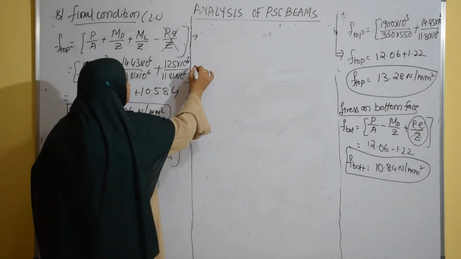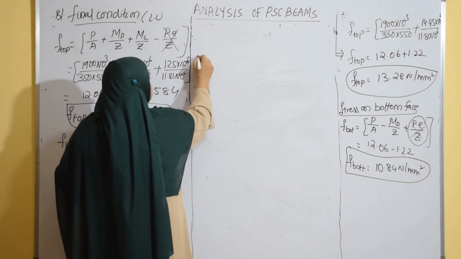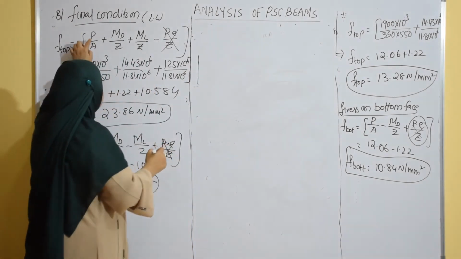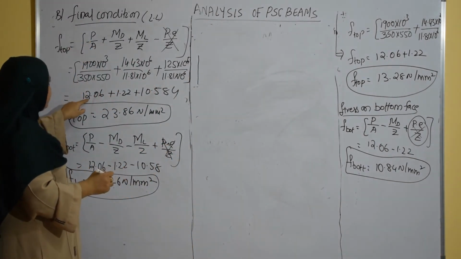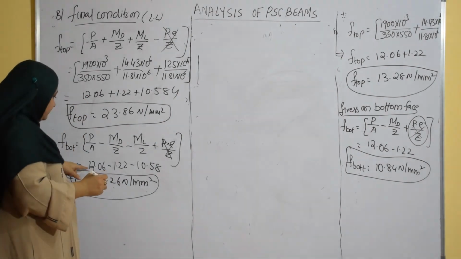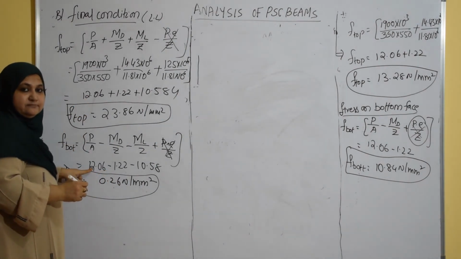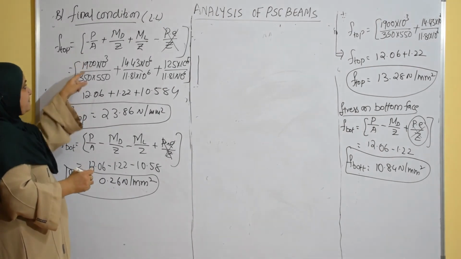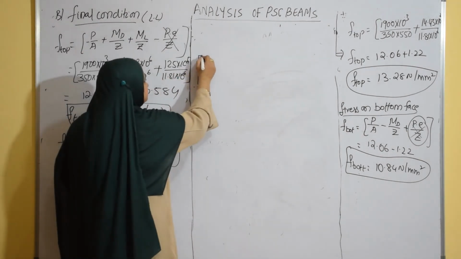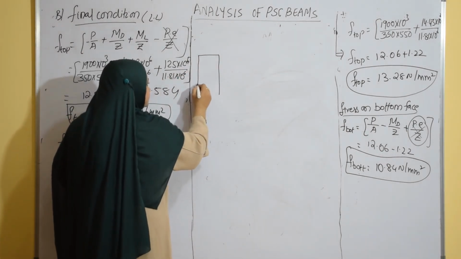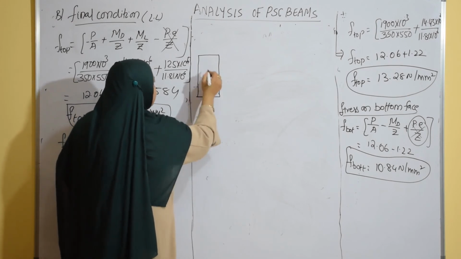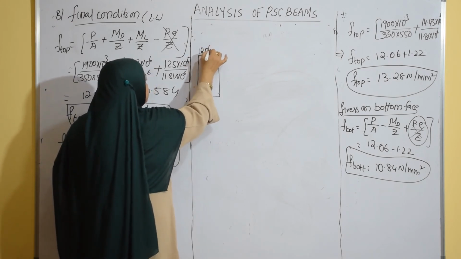Okay, so how to sketch the stresses are P by A. You can see P by A is same. Here it is 12.06 at top and bottom also it is 12.06. Right? So it is same. Top and bottom it is same. So this is your 12.06.